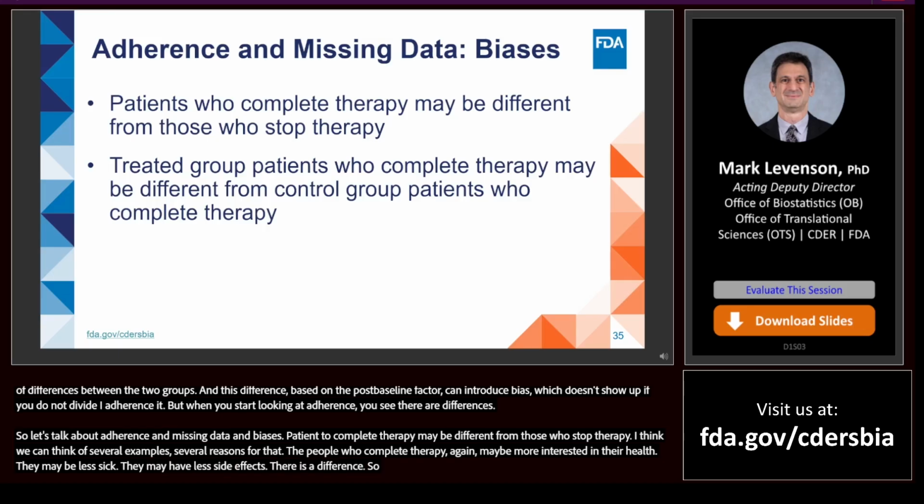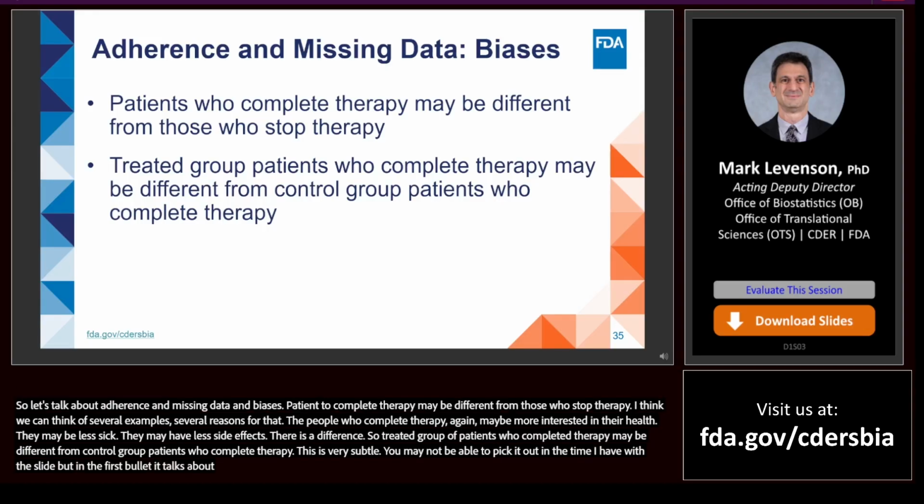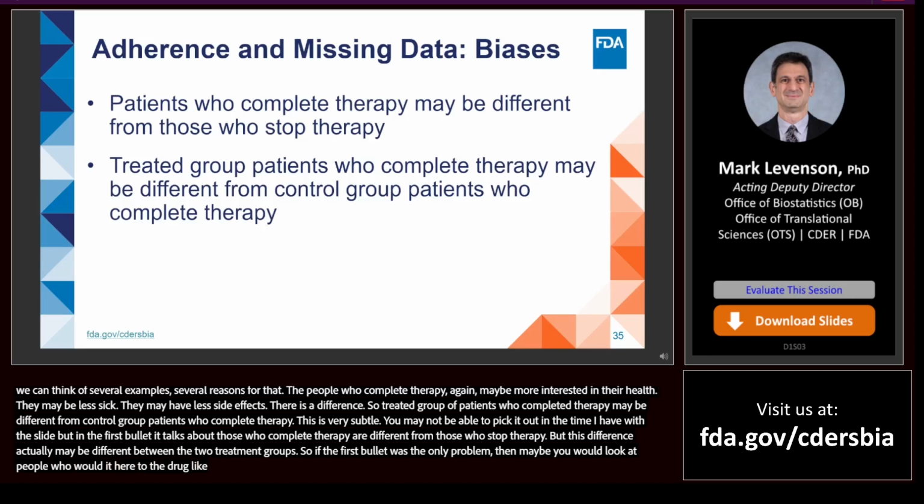Now this is very subtle, and you might not be able to pick it up in the time I have on this slide, but the first bullet talks about if those who complete therapy are different from those who stop therapy. But this difference actually may be different between the two treatment groups. So if the first bullet was the only problem, then maybe you would just look at people who adhere to the drug. Like in the last example, those with greater than 80% adherence. But the reason people don't adhere may be different for patients on treatment versus those on placebo.